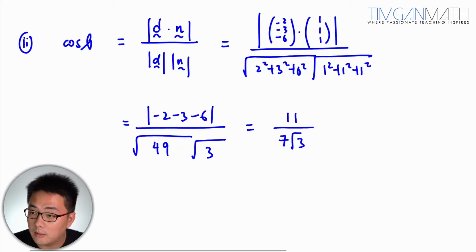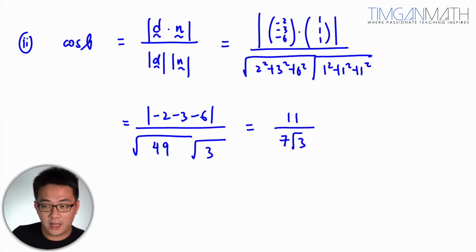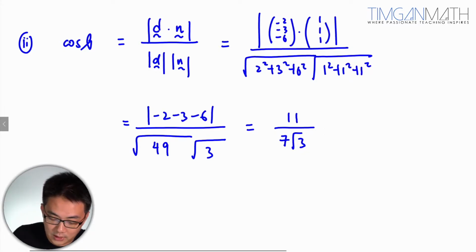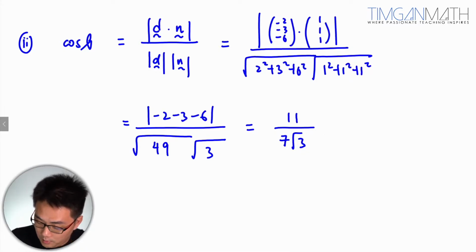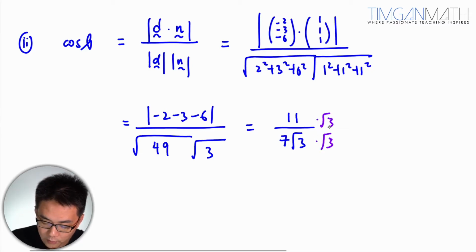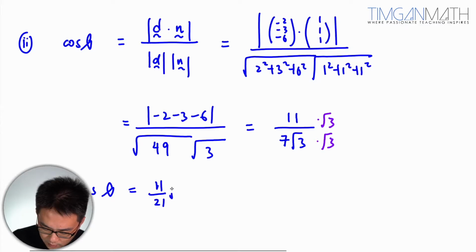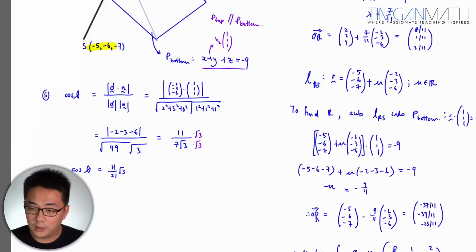They want the value of cosine theta. We leave it like that, or you could just rationalize the denominator if you want to. Multiply with root 3, and you get the answer. Cosine theta is equal to 11 root 3 over 21. Okay, nothing special there.